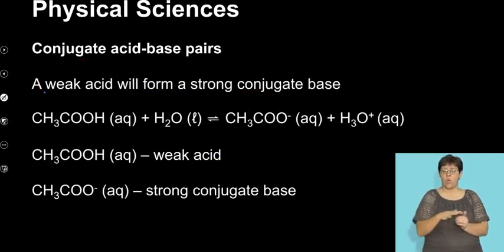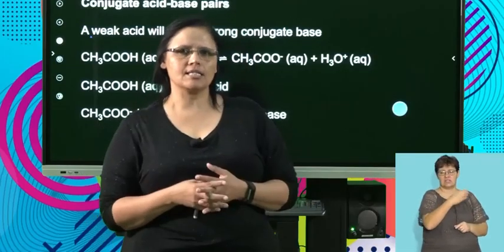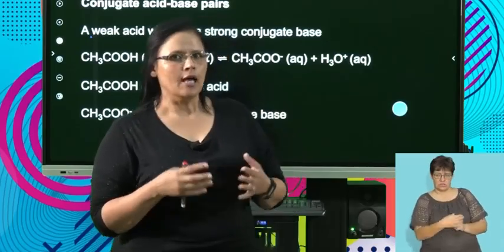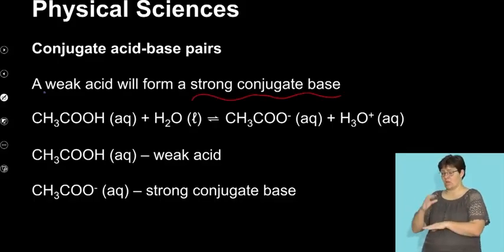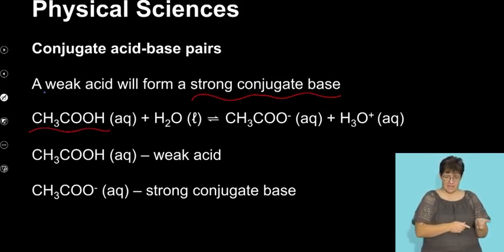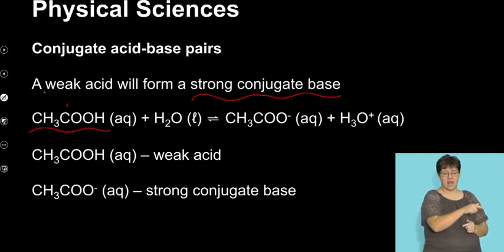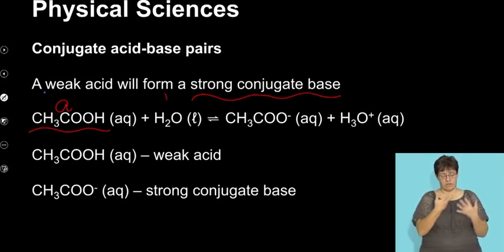When we start with a weak acid, to the likes of ethanoic acid or acetic acid, it will obviously form a strong conjugate base. So if you look at your vinegar or your ethanoic acid, it will be an acid. Your acid will react with a base.